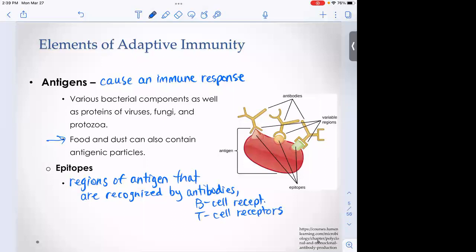Here in this picture, it labels the whole bacteria cell, and we could call that an antigen. But with that whole bacteria cell, there are many different epitopes that can be recognized by many different antibodies, B cell receptors, or T cell receptors. So really it's the epitopes that are actually recognized.